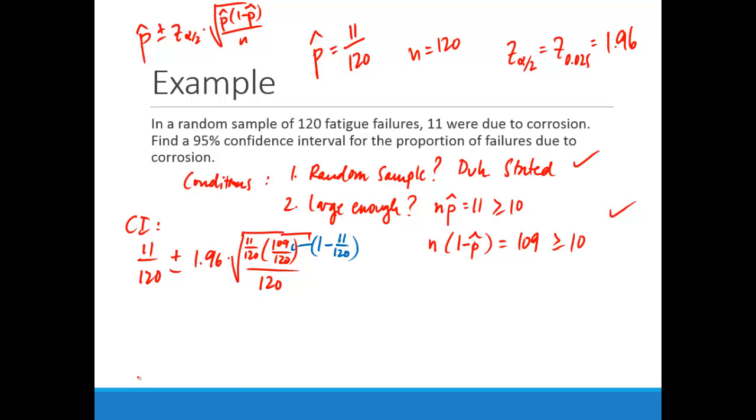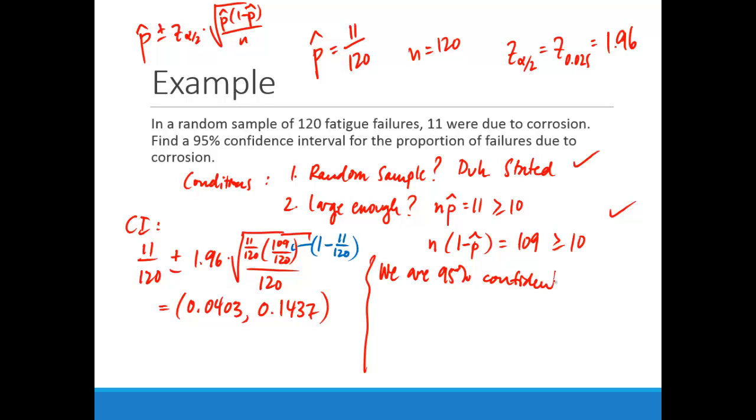So there's p hat times 1 minus p hat. And if I calculate that out, what's this interval going to be? This is 0.0403 up to 0.1437. It's supposed to be a 1. Okay, so then we want to give an interpretation here, so we can say we are 95% confident, again, then what are we talking about here? We're talking about the true proportion of failures due to corrosion.